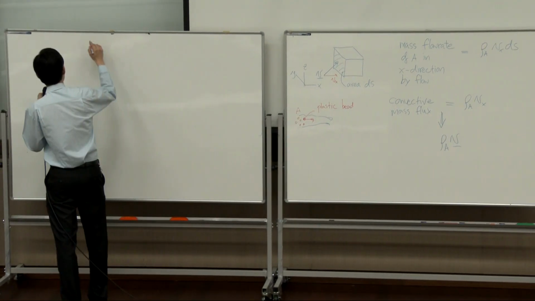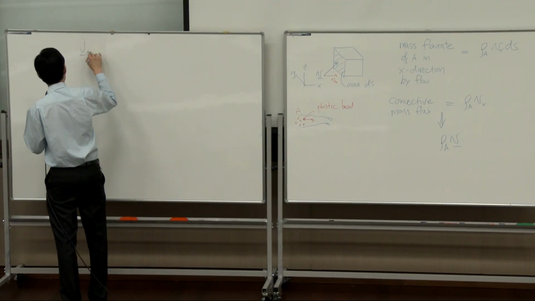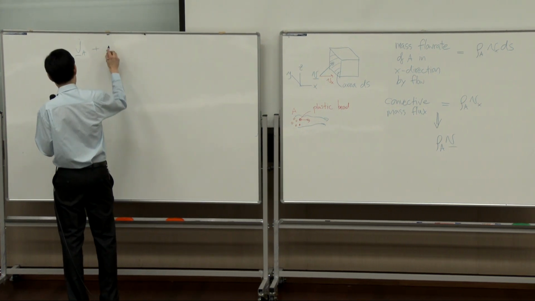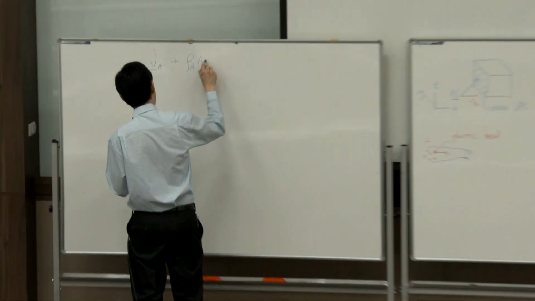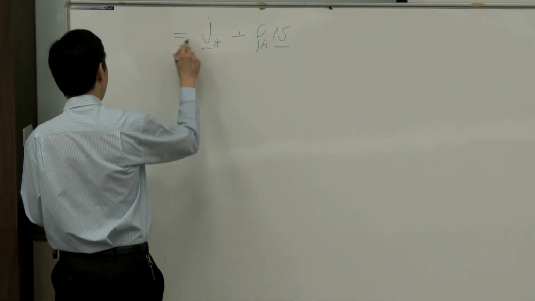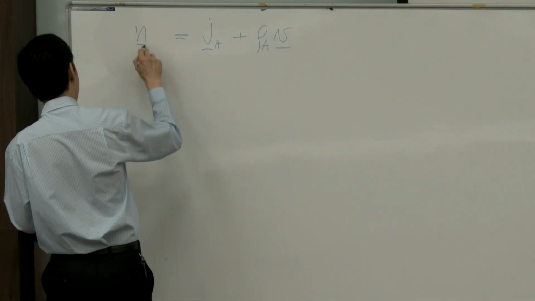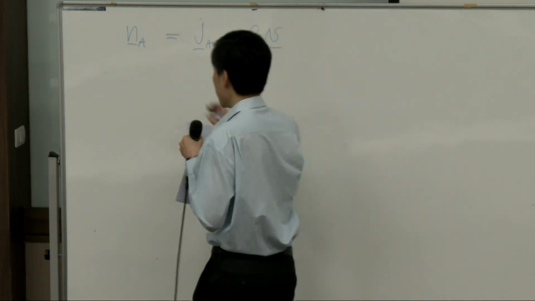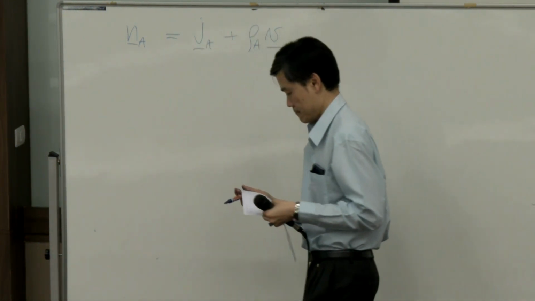Now, once we got molecular transport or diffusion flux, we got convective transport of A flux as well. When you add them up, it is called combined flux, and we use N to represent combined flux. So this is combined flux of A.